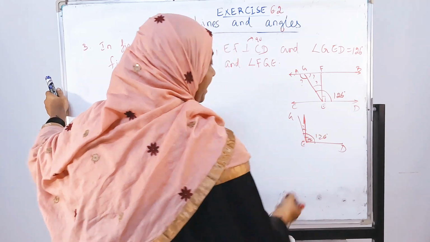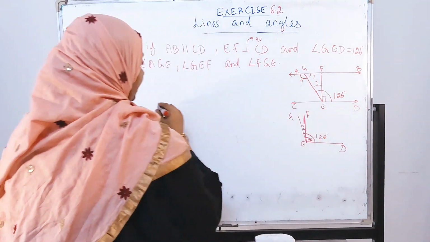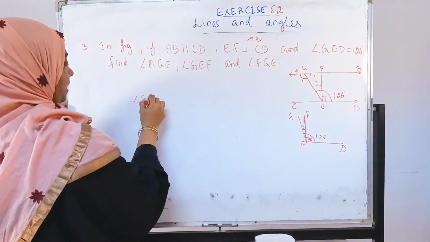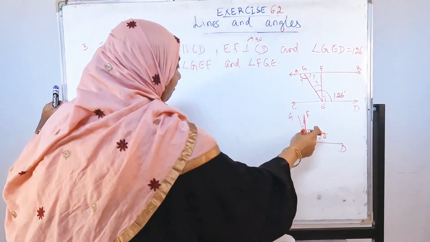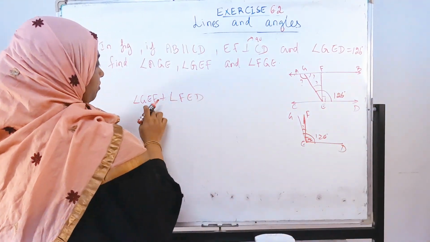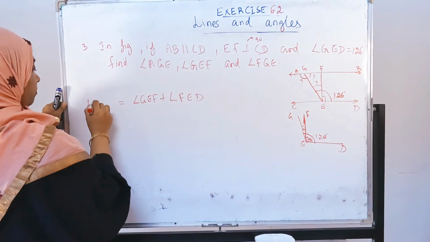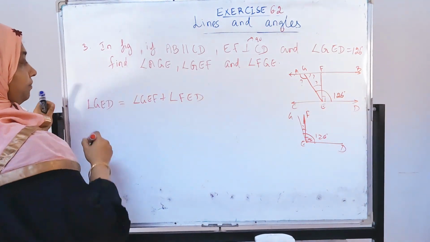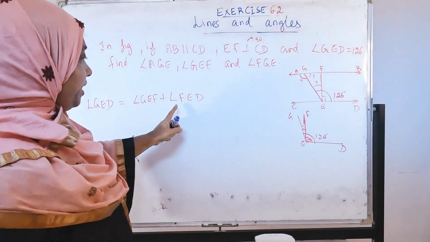What is this angle? We can easily find. Adjacent angles we will write. Angle GEF plus angle FED, these both angles together make GED.